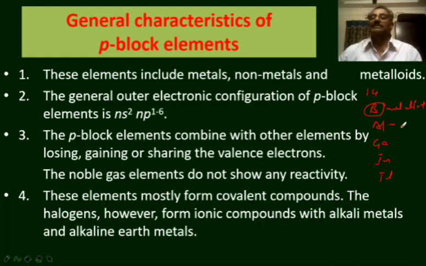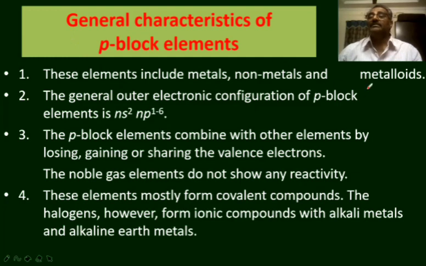Aluminum also exhibits the properties of metalloid, though it is a metal. The oxides of aluminum are amphoteric in nature, that is, the oxide of aluminum behaves as an acid with base and base with acid. Aluminum shows a little non-metallic nature, though it is a metal. The gallium, indium, and thallium are pure metals.